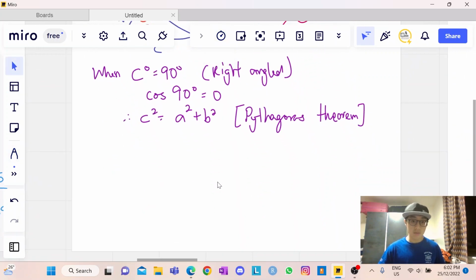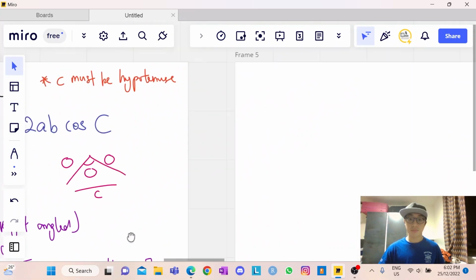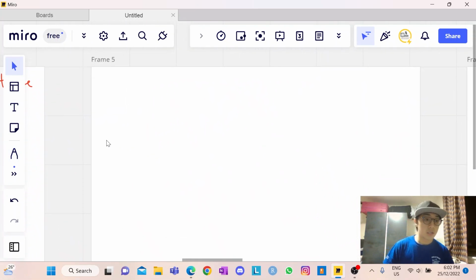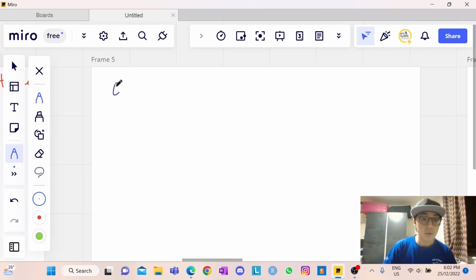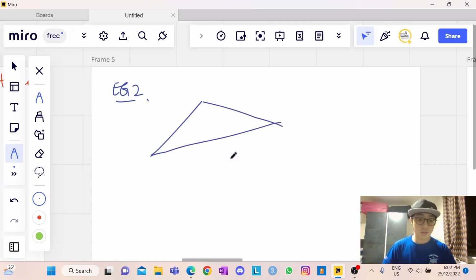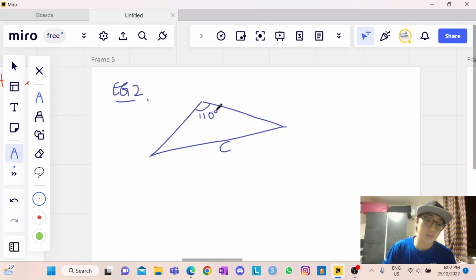I'm just going to give a little example here. Example number 2. I'm going to draw a little triangle like this, and I want to look for C, and let's say this is 110 degrees.